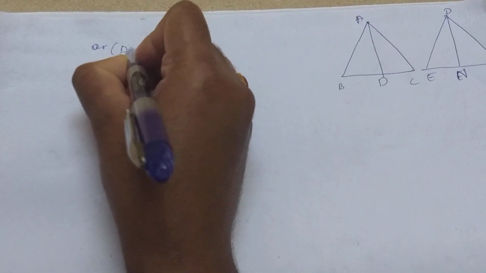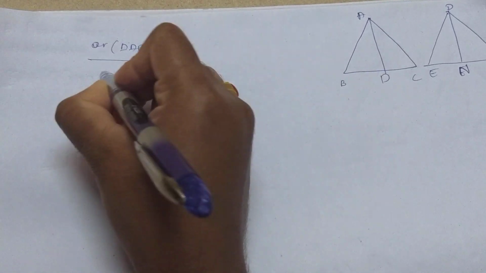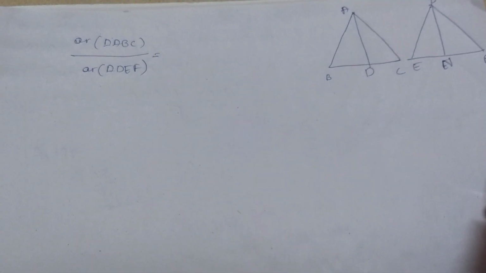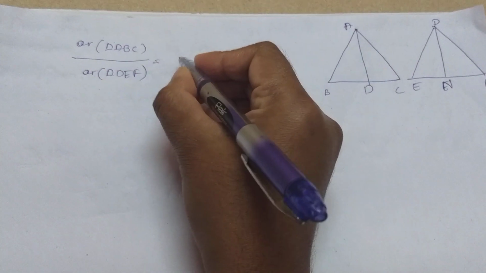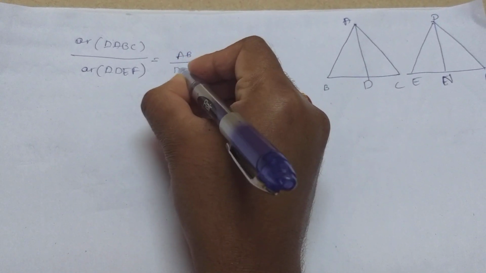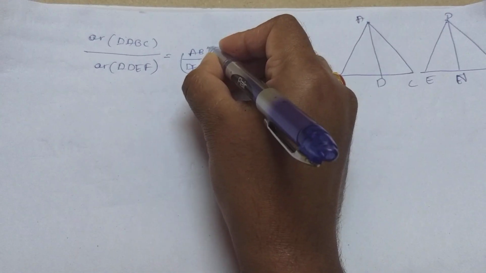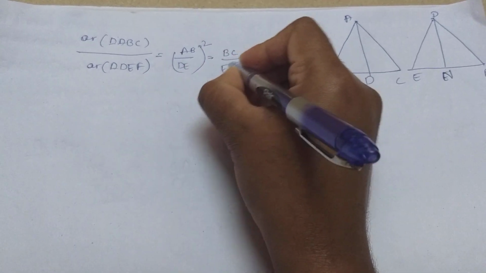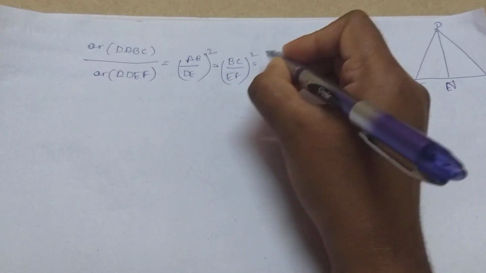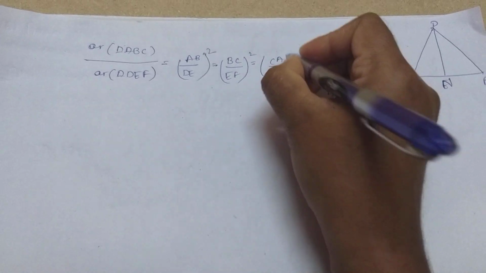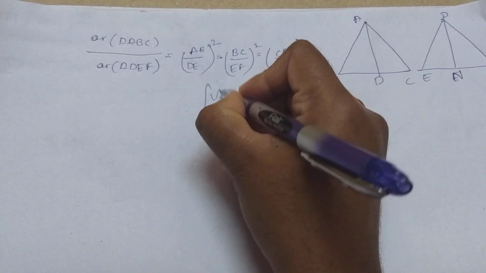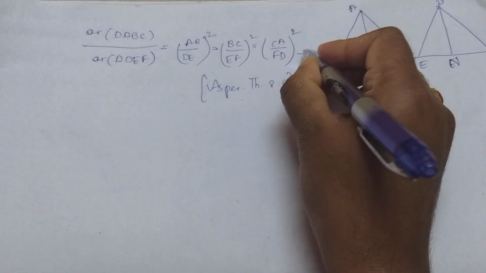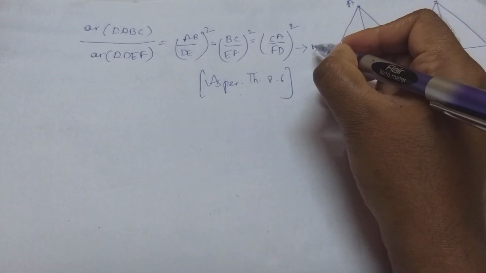Area of triangle ABC by area of triangle DEF equals AB by DE whole square equals BC by EF whole square equals CA by FD whole square. Write in brackets, as per theorem 8.6. Put this as equation 5.